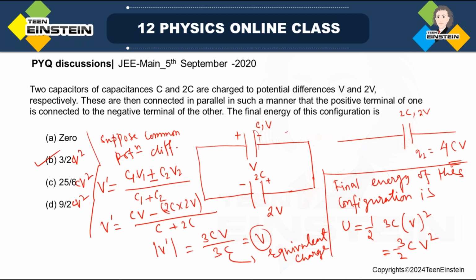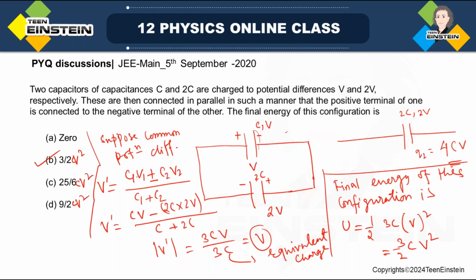So they will actually get added when we use these two separate capacitors in parallel combination; the charge will be added up. The capacitance, since they are parallel, will be 3C.